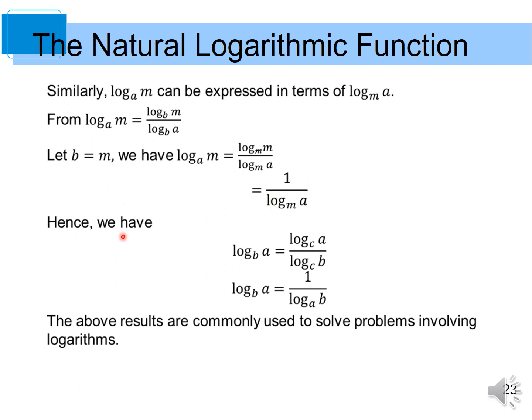So we have log of a to the base b equal to log of a to the base c divided by log of b to the base c, and also can be written as 1 over log of b to the base a.